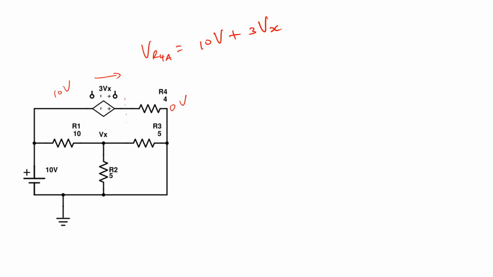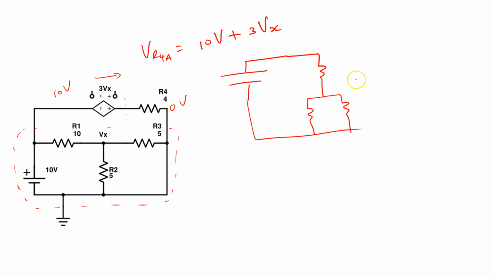Now we need to find what is Vx. Here we have a circuit where we have 10 volts, and we have 5 in parallel with 5 and in series with 10. If we look at this part of the circuit, it's 10, and then we have 5 in parallel with 5, and this voltage here is Vx.